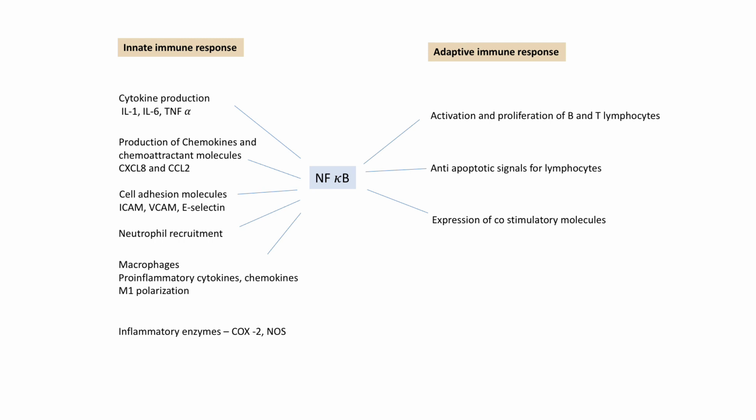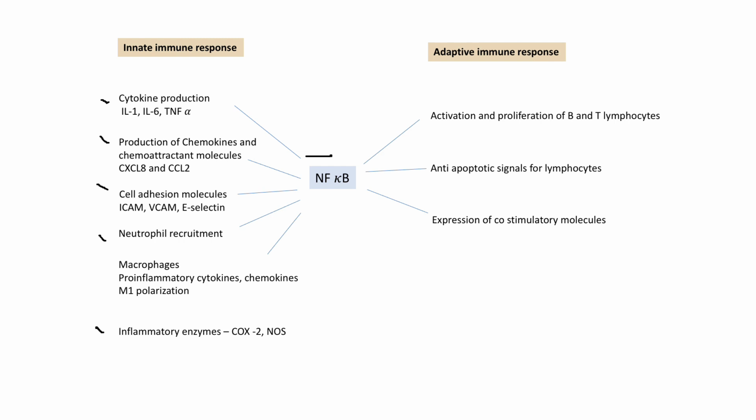We can see how inhibition of a transcription factor can affect innate and adaptive immune response. NF-kappa B is main regulator of inflammation, and it results in production of cytokines, chemoattractant molecules, cell adhesion molecules that contribute to neutrophil infiltration, and it also increases production of inflammatory enzymes like cyclooxygenase.